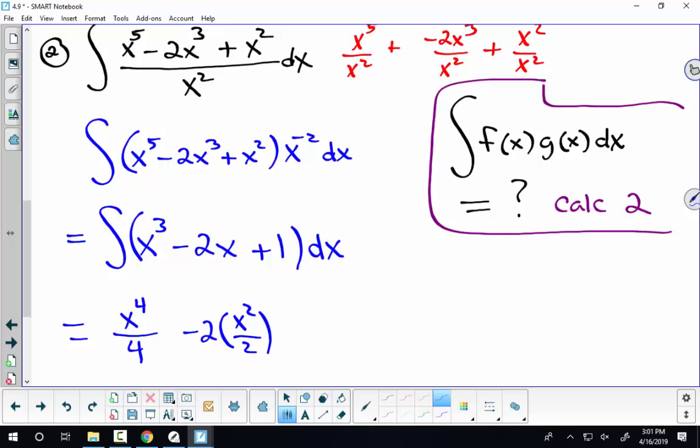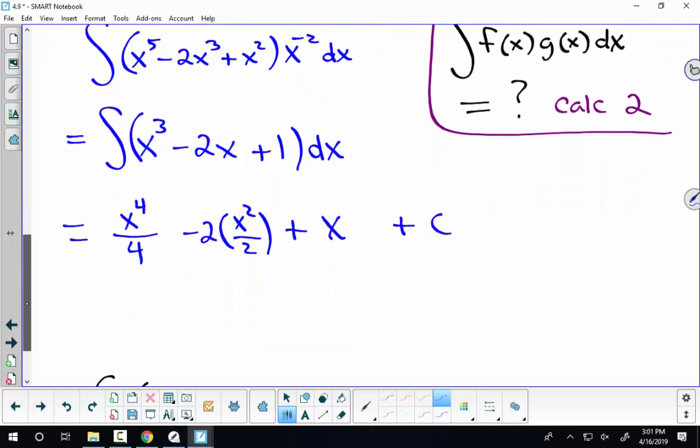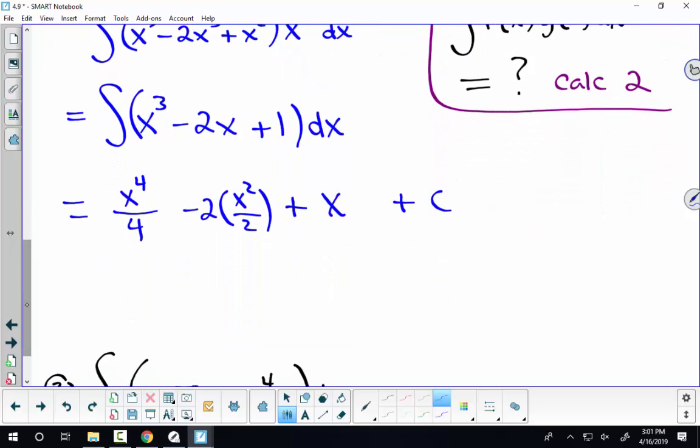And the antiderivative of 1 is what? X. And then all of those will just have a single constant. And since we can simplify the negative 2 x squared over 2, we'll go ahead and do that. That's our antiderivative.